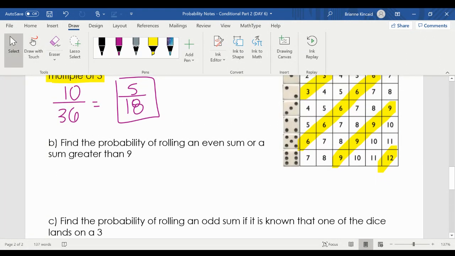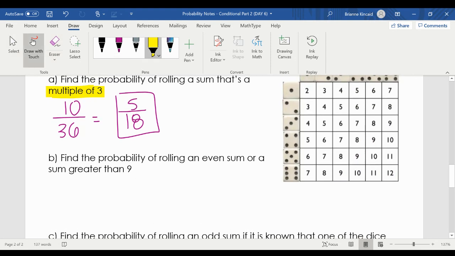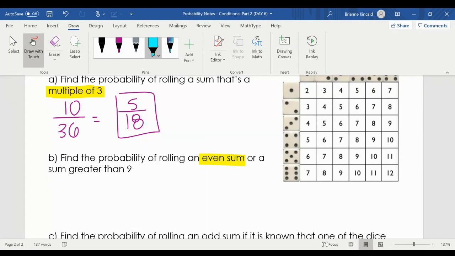Find the probability of rolling an even sum or a sum greater than 9. Once again, I have no conditions here limiting. All I want to do is focus on the even sums, or, which means I have two events here, sum greater than 9.